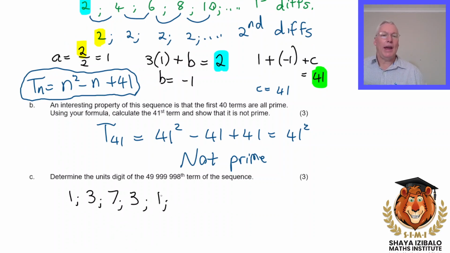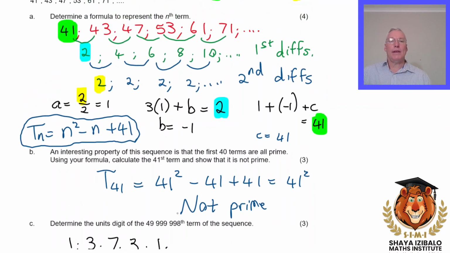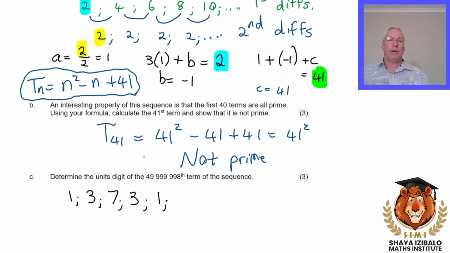And then the next one, if we had to work out the next one, this is 1, 2, 3, 4, 5, 6, if we had to work out the 7th term, we'd get 7 squared, which is 49, minus 7, which is 42, plus 41, we'd get 83.